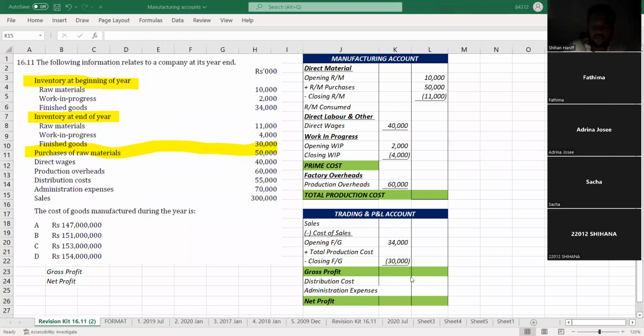Distribution is 55,000. Administration 70,000. Sales 300,000. So they have given complete information for the trading profit and loss.